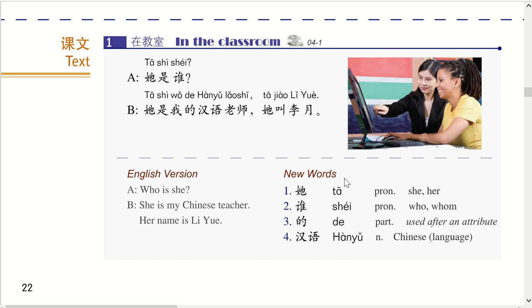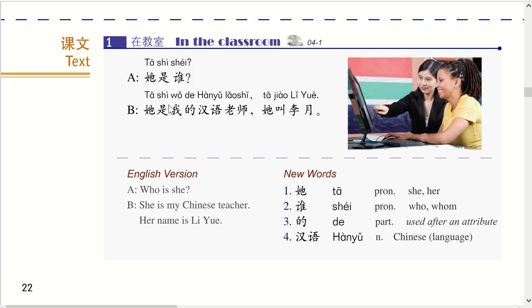So the new words are 她. This 她 is for she, her. 谁, who, whom. 的 used after an attribute means when we are going to introduce something by ourselves, that thing is ours. Like that, this one book is mine. 这个是我的. 书 means book. And the last one is 汉语, Chinese language.